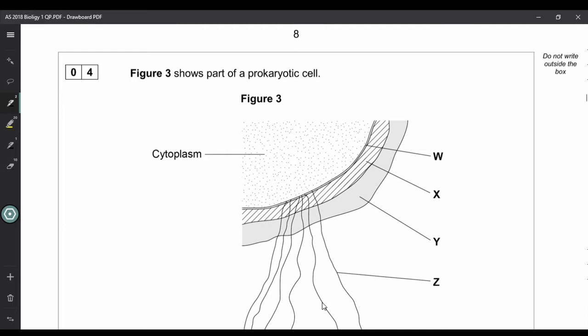So with W, which is this thin structure here, that is the cell membrane. Then we've got a larger structure just outside the membrane, which is the cell wall.